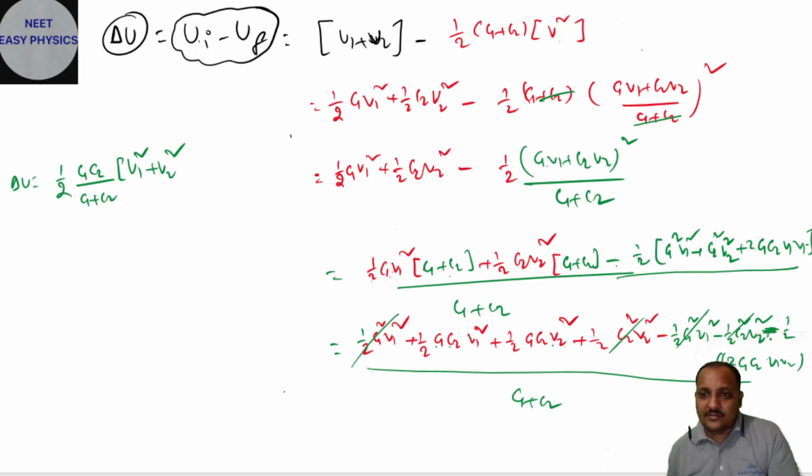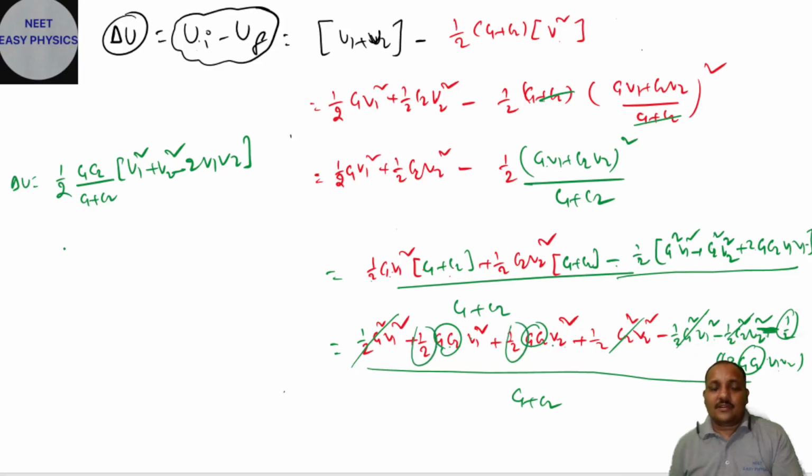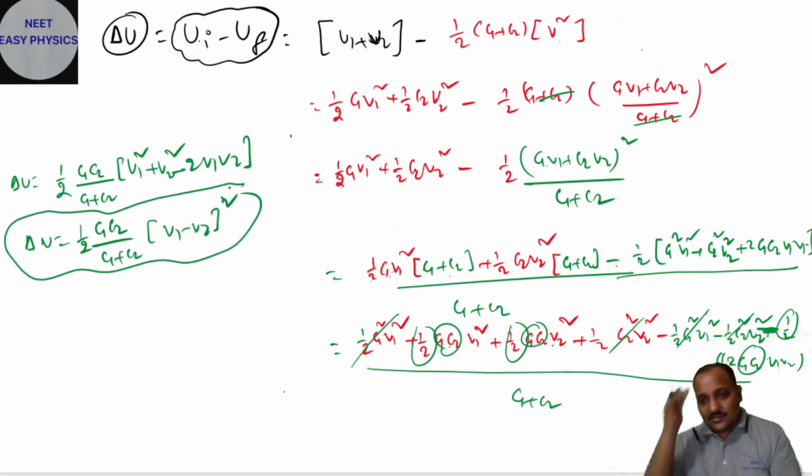Here you got minus 2 V1 V2, because from all these what we have taken common, C1 C2, half. So finally you will write this equation of C1 C2 by (C1 + C2) into (V1 minus V2) whole square. This is the loss of energy equation. This equation you have to remember.